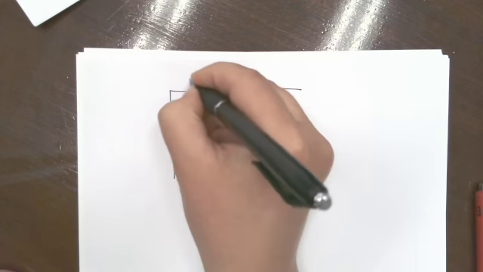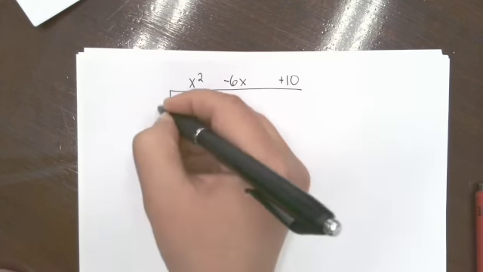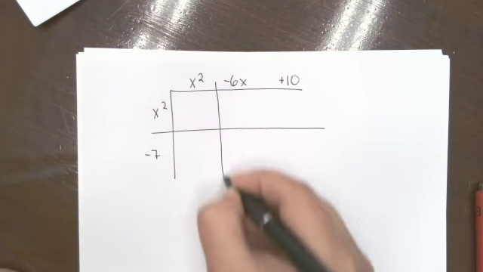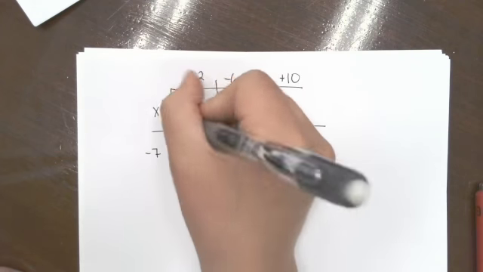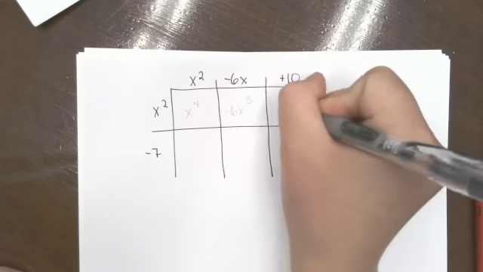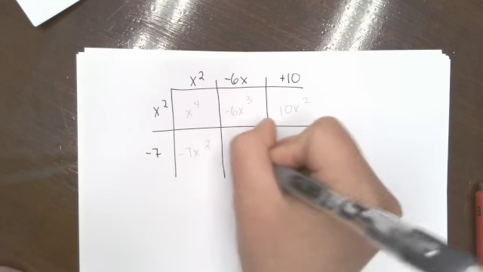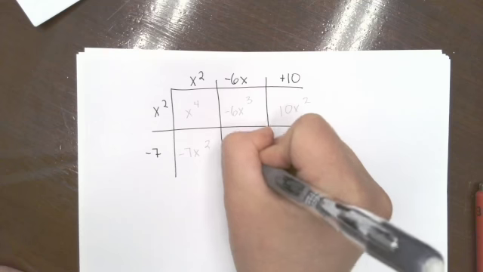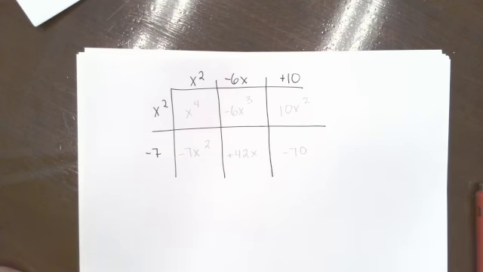So we have now x squared minus 6x plus 10, and we got x squared minus 7. So we have, again, I'm doing it in pencil just in case, x to the 4th power, we got negative 6x cubed, we got 10x squared minus 7x squared. What's 6 times 7? 42x, and then we got negative 70.